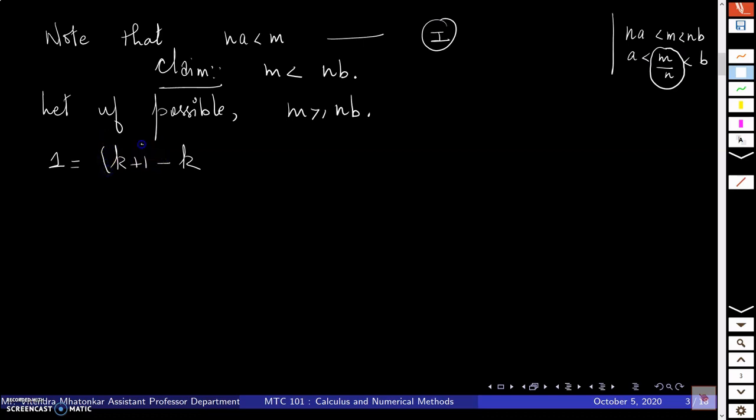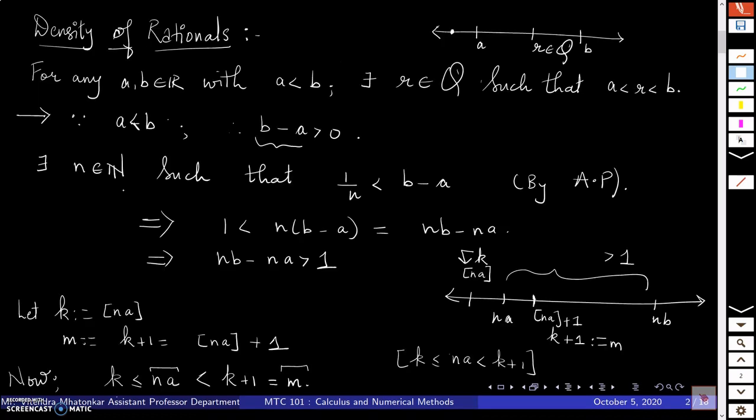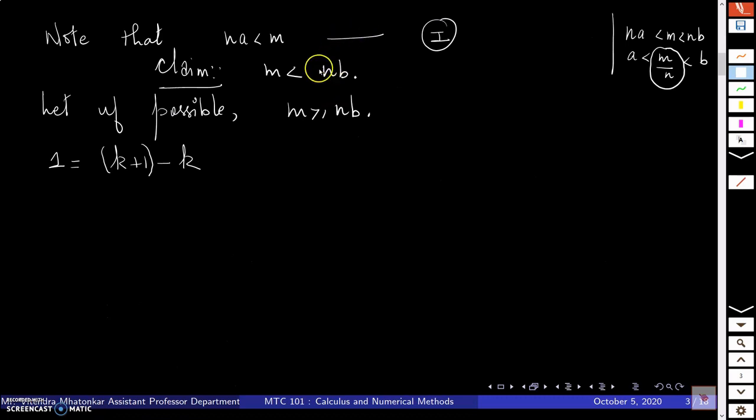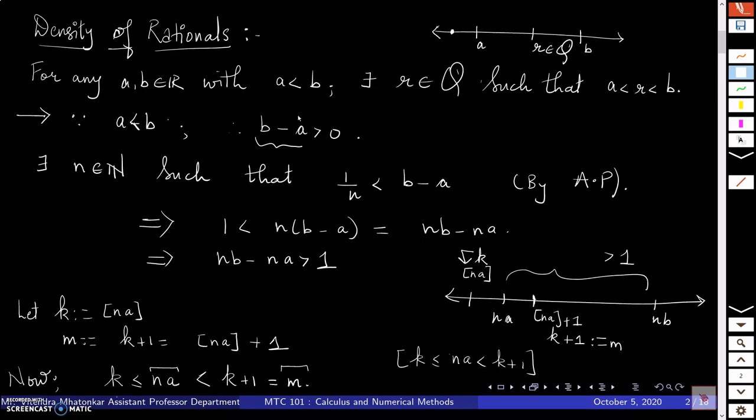Now by assumption, we've assumed that m is bigger than or equal to nb, and this m we have defined to be equal to k plus 1.